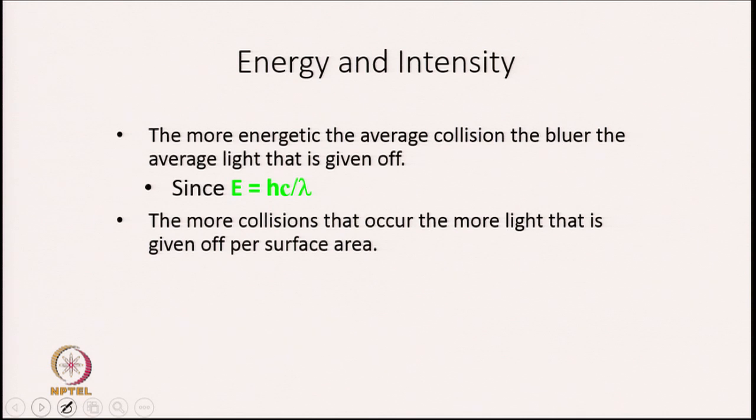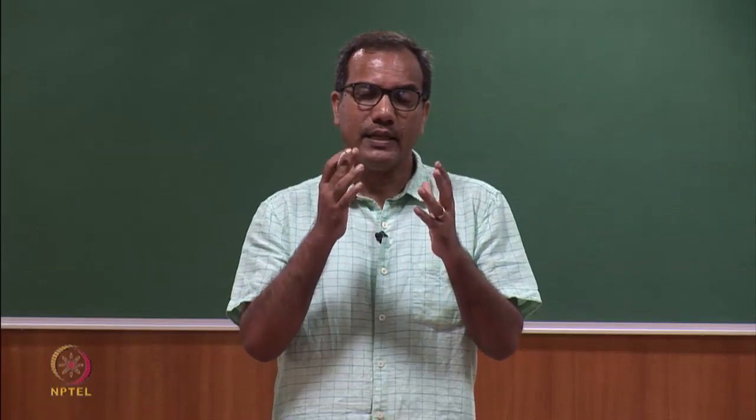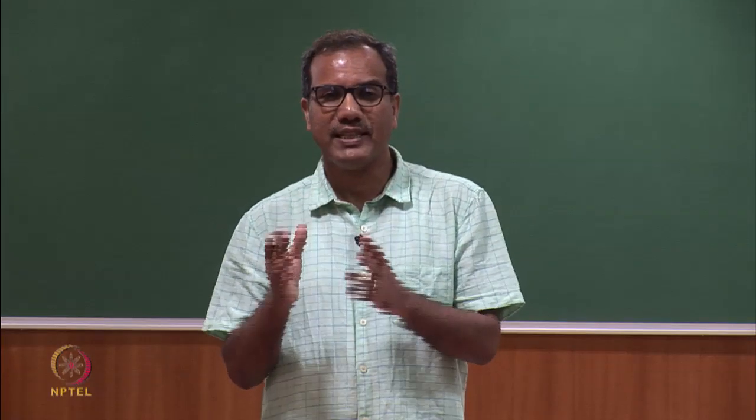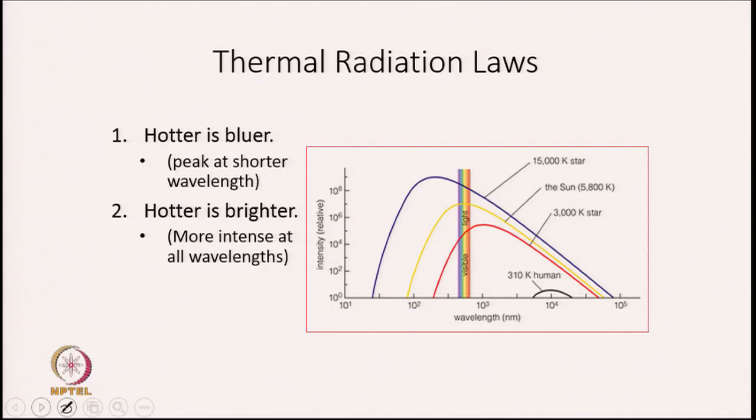The more energetic the average collision is, the bluer the average light that is given off, since E is equal to hc by lambda. The more collisions that occur, the more light is given off per surface area. So, this explains why with an increase in temperature, both frequency and intensity of the emitted light increase. So, two things: hotter is bluer and hotter is brighter. These are the observed phenomena from black body radiation.